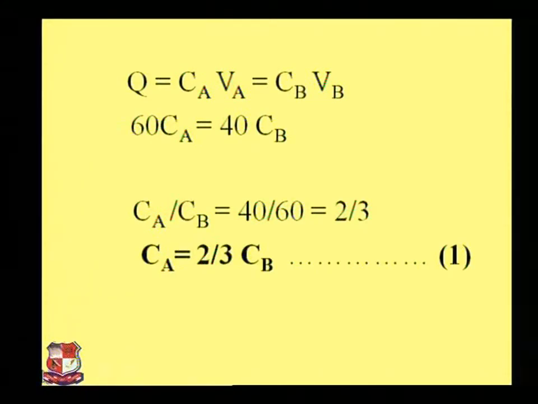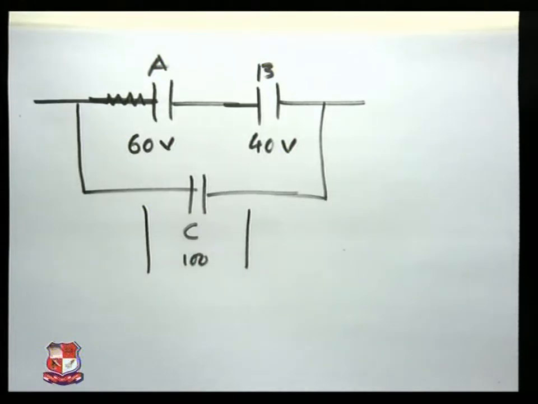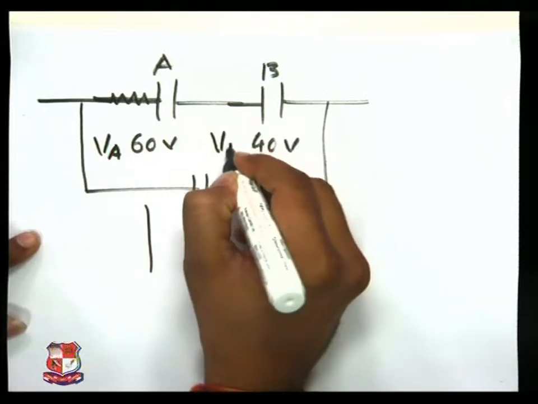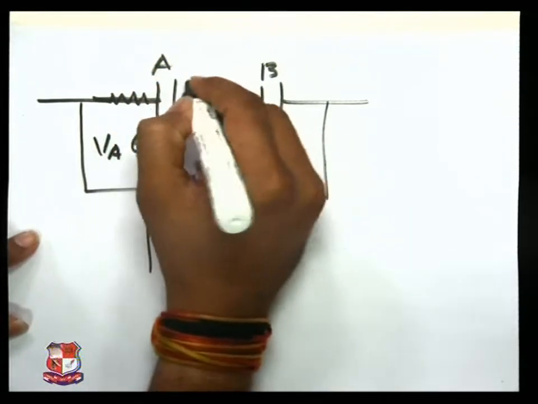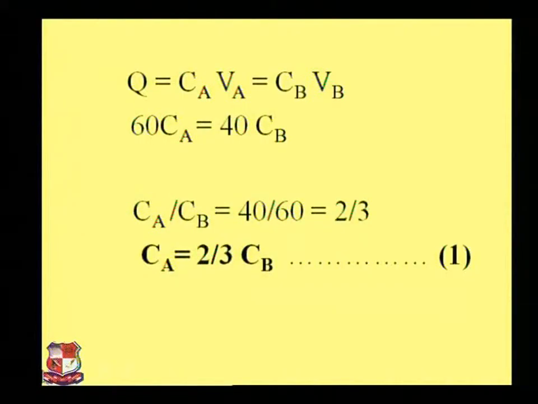Now the voltage across A is 60 and across B is 40. So we can write 60 CA equals 40 CB, where VA equals 60 and VB equals 40, as mentioned in the figure. This one is your VA and this one is your VB, and the capacitors are CA and CB.